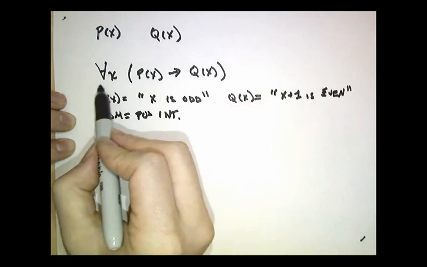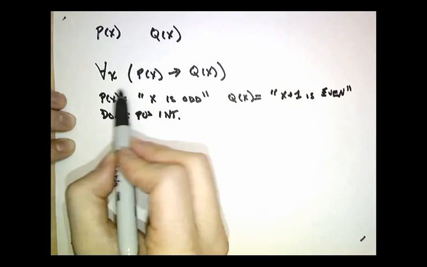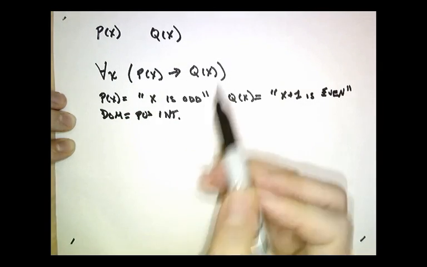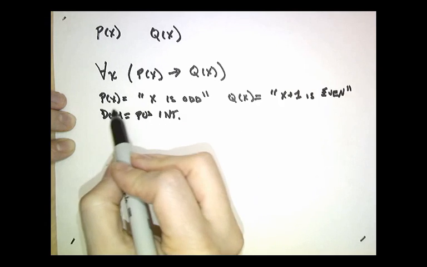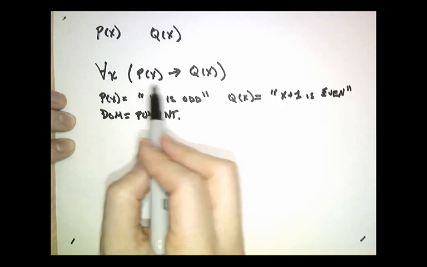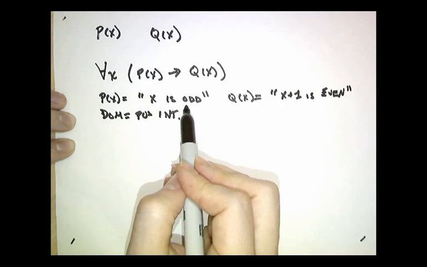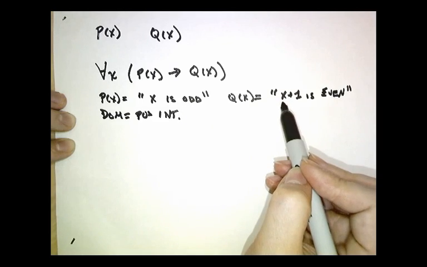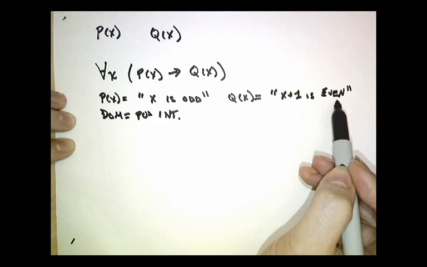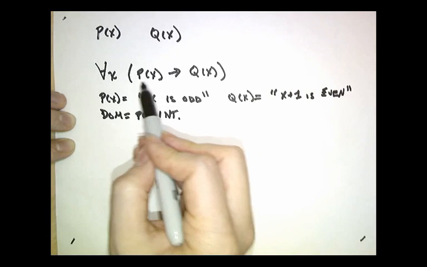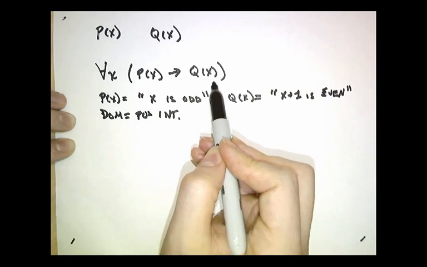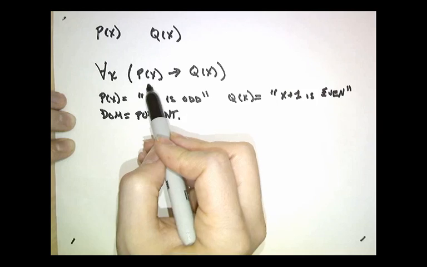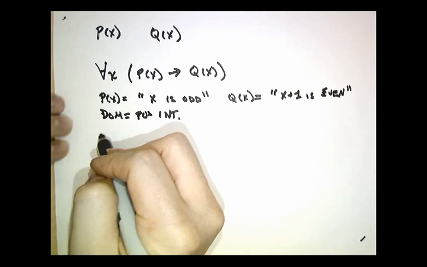Now the question is, is this statement true? Is it the case that for every x, whenever p of x is true, q of x is true? Well, yes. If p of x is true, it means that x is odd. So therefore, when we add 1 to it, it's going to flip and it's going to become even. So whenever p of x is true, q of x is true. Therefore, for all x, p of x does imply q of x.